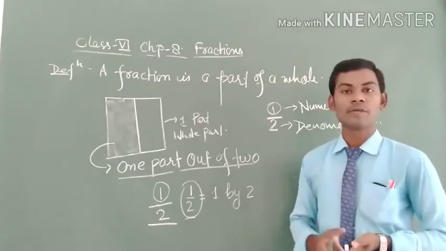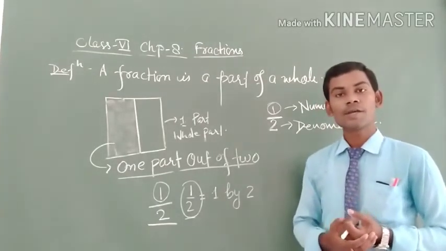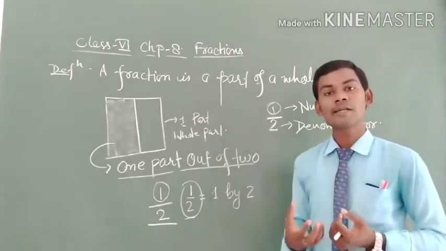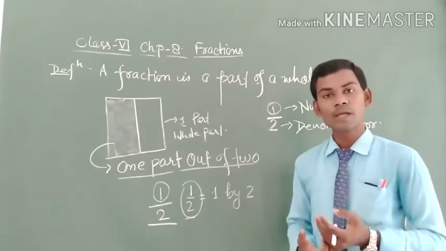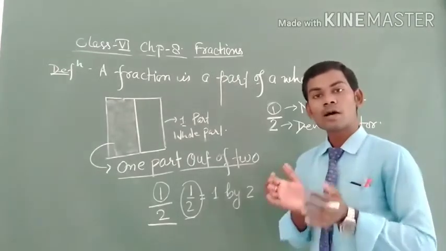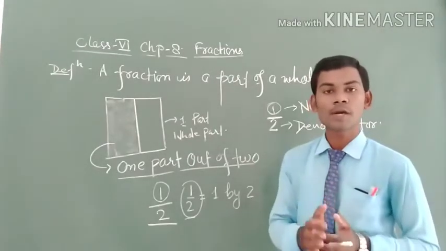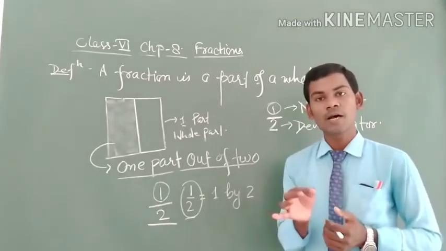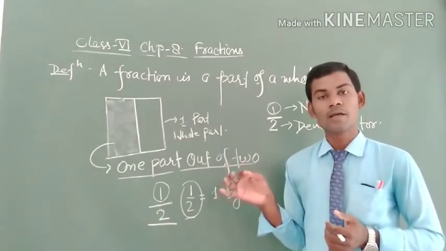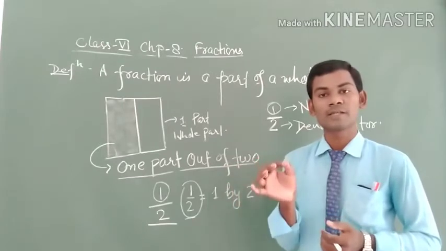The picture of fraction is now created in your mind, meaning what is the fraction. If somebody asks what is the meaning of the fraction, then your answer will be: if we divide a whole into a number of equal parts and we consider any number of parts from that, it is called its fraction.